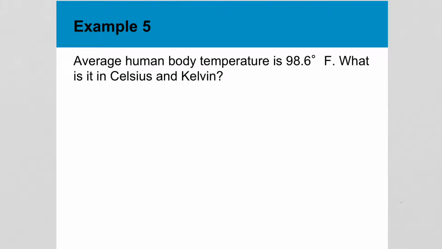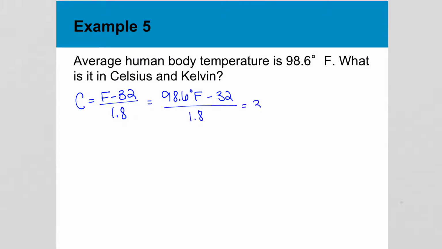So the example says the average human body temperature is 98.6 degrees Fahrenheit. What is it in Celsius and Kelvin? So the formula for Celsius is F minus 32 over 1.8. So 98.6 degrees Fahrenheit minus 32 divided by 1.8 will leave us with 37 degrees Celsius.